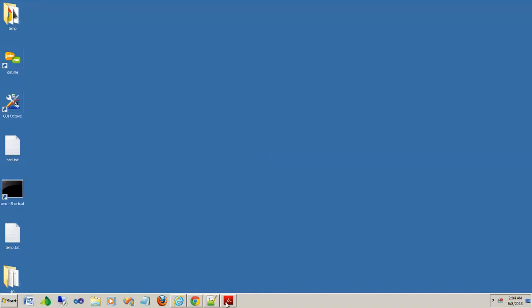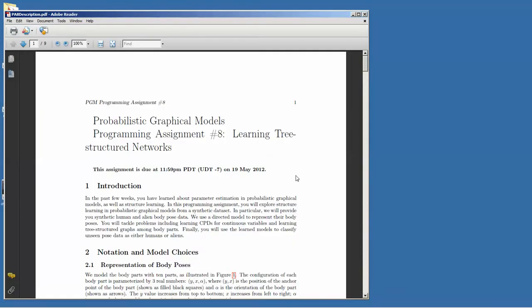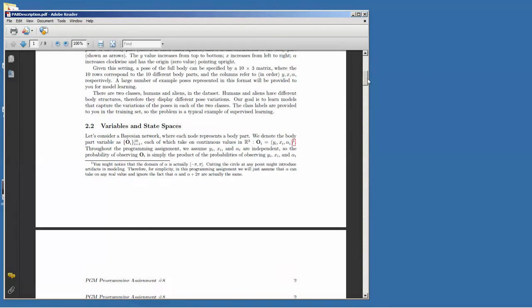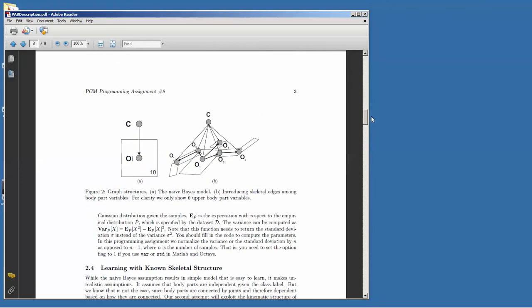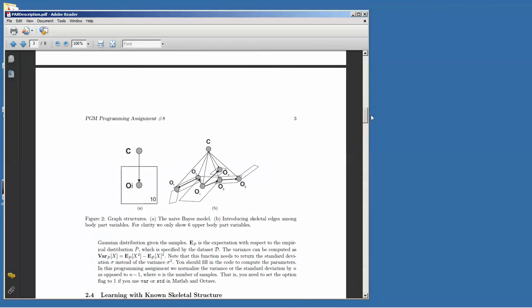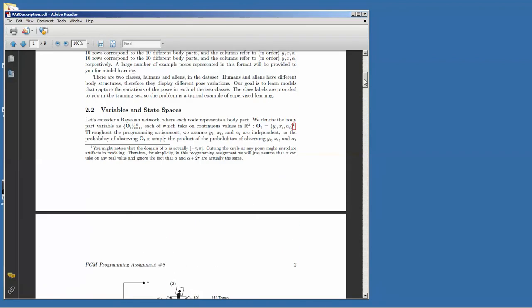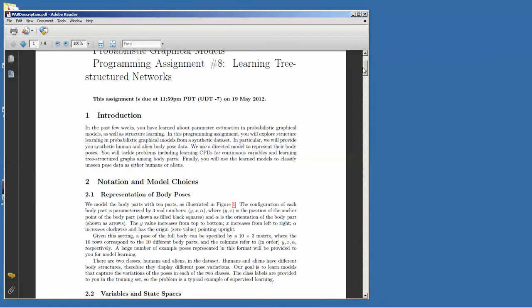So in this assignment, you're given poses for aliens and human beings, and you will learn basically from this data that's given to you.